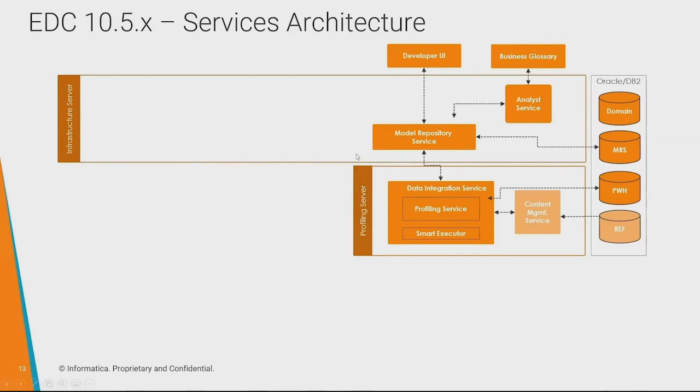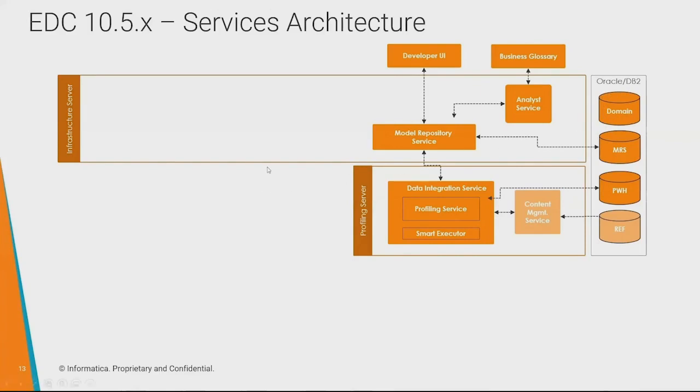These two nodes are part of the Informatica domain, and the metadata related to the domain is all getting stored in the relational database. So you have the set of relational databases shown here, and it can be Oracle, DB2, or any other database supported in our product availability matrix, right? So the domain related metadata gets stored in the domain database.